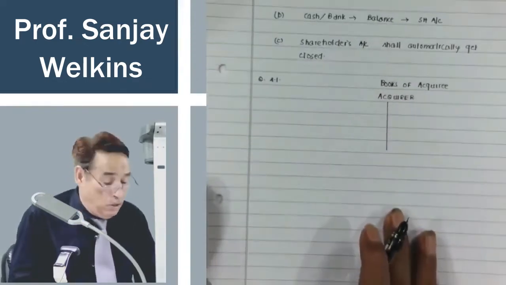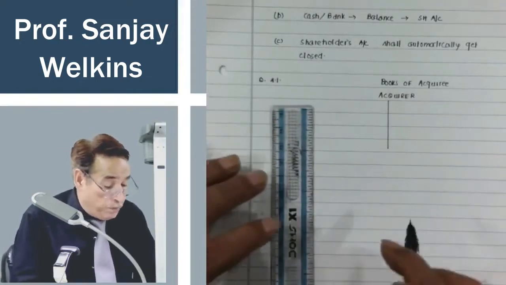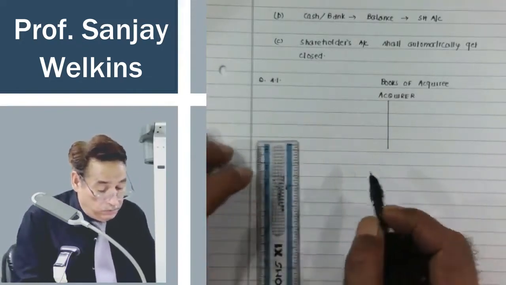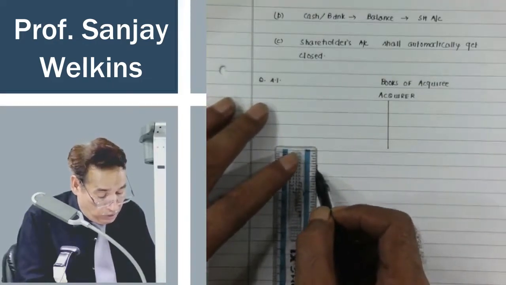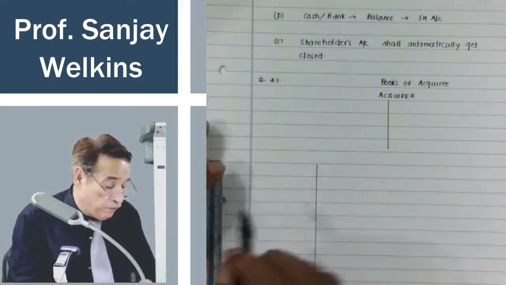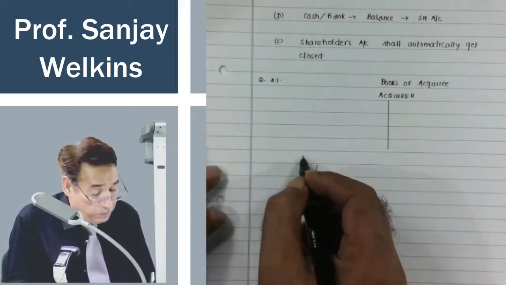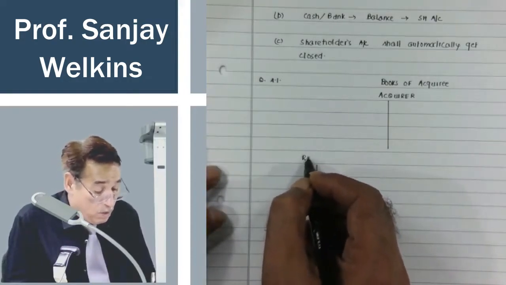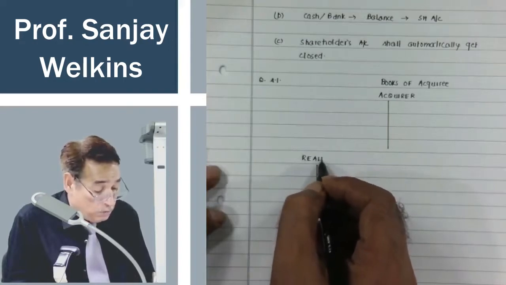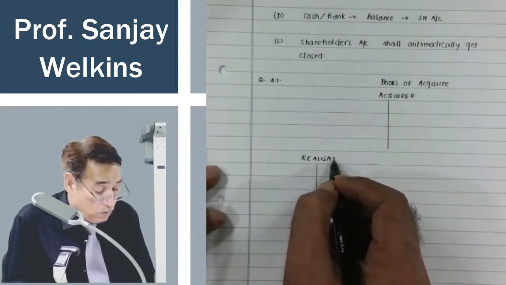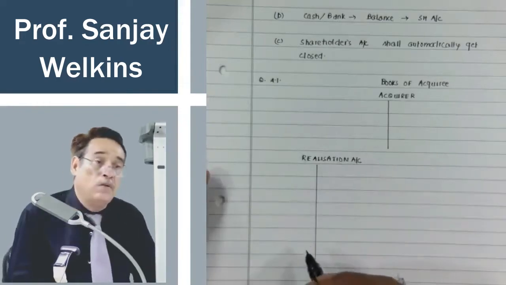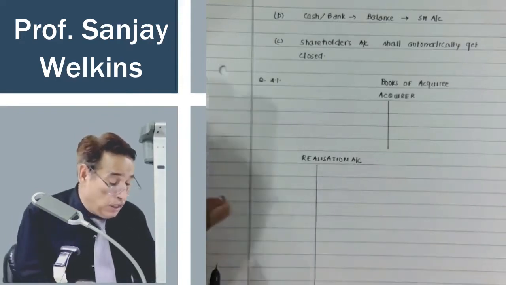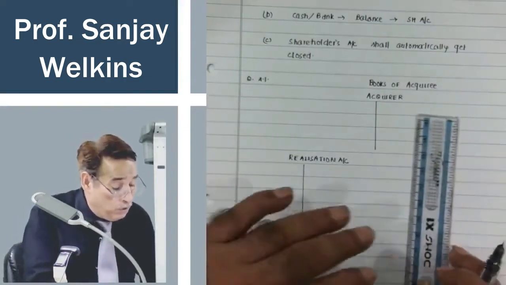Besides acquirer account, you prepare realization account. Intentionally, I am preparing realization account this way just to save myself from shifting to another sheet. This is my realization account. Besides realization account, as I told you, I will prepare shareholders account.